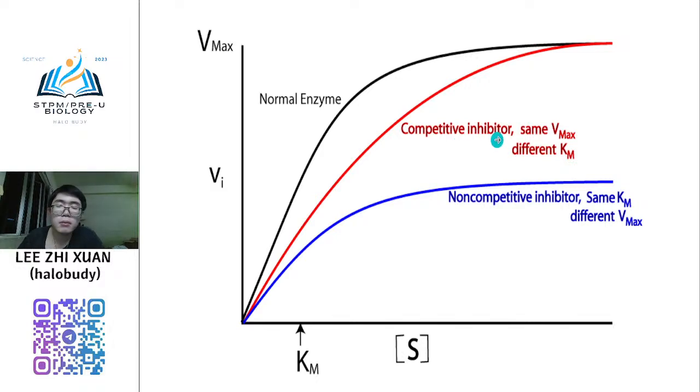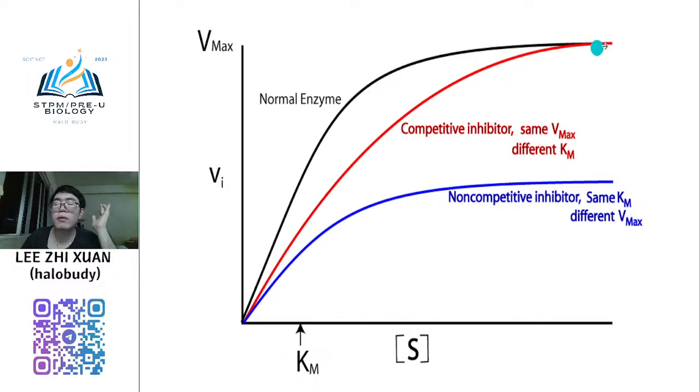When your substrate concentration keeps increasing, the competitive inhibitor will be released from the enzyme, based on equilibrium. So the competitive inhibitor is a reversible reaction. The inhibitor can leave the enzyme because it only blocks it. If there are too many people, the gate will open. So if it leaves the enzyme, there will be a reaction.